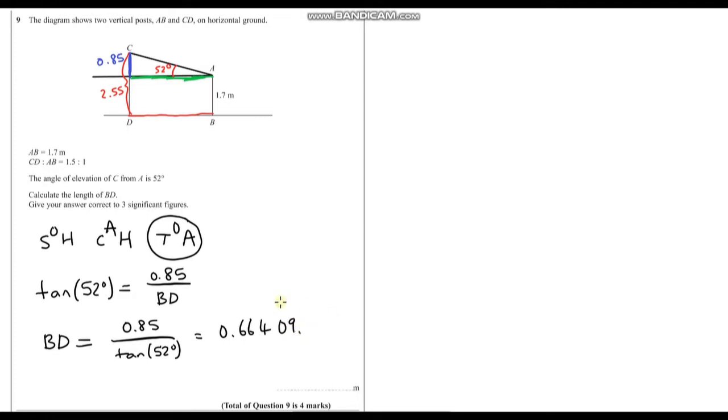We'll just leave it like that because then we do need to round our answer. Give your answer correct to 3 significant figures. So it's going to be 0.664 meters. And you might be thinking that seems too long, because if this is 1.7, how can that be 0.664? But you just have to remember that this angle is clearly not to scale.